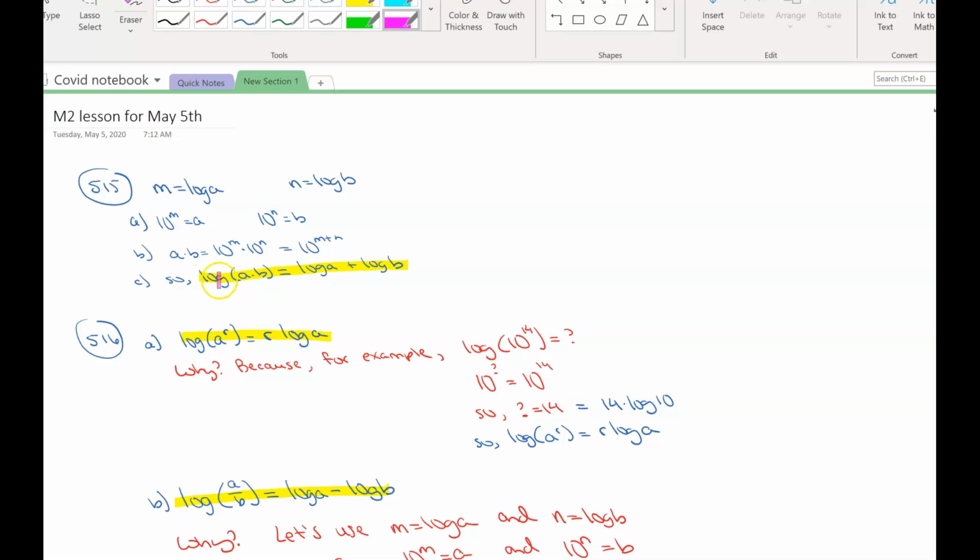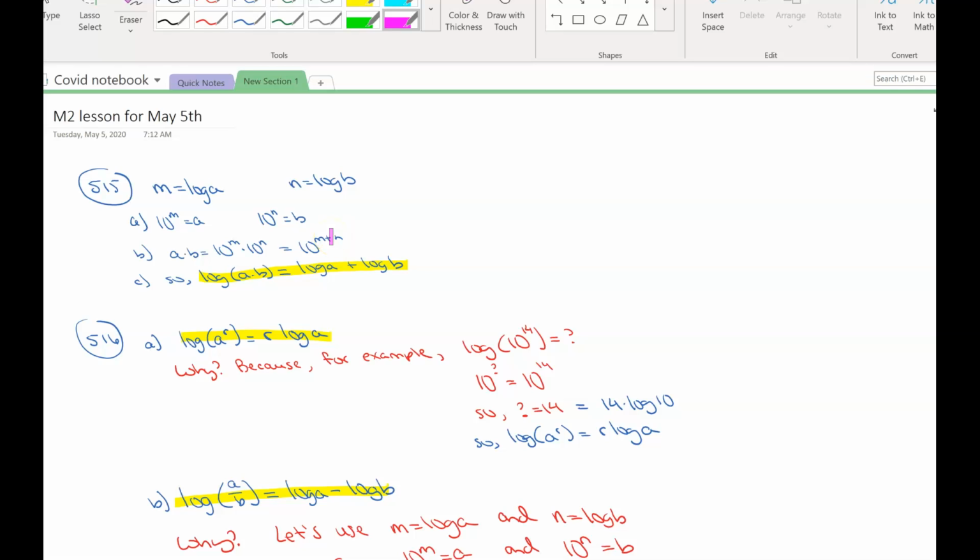This left-hand side says the exponent that you raise 10 to get A times B, which we know is M plus N, equals the exponent you raise 10 to get A, which is M, plus the exponent that you raise 10 to get B, which is N, right? So the left-hand side is saying, basically, the exponent you raise 10 to, to get 10 to the M plus N, which is here, okay?